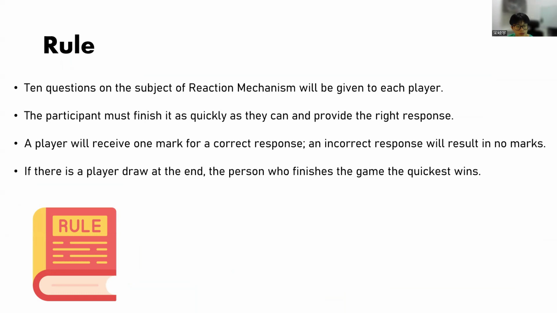Now, turning to the most important part of the introduction, the rules. First of all, we will give each player 10 questions about the subject of reaction mechanism, and participants must finish as quickly as possible by providing the right answers, and a player will receive 1 mark for answering a question correctly.